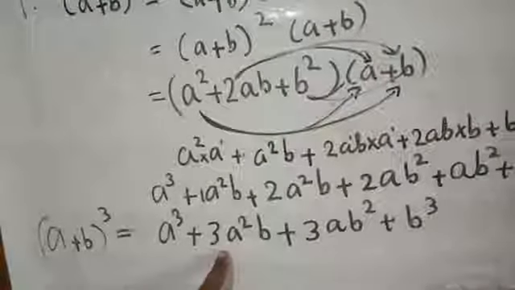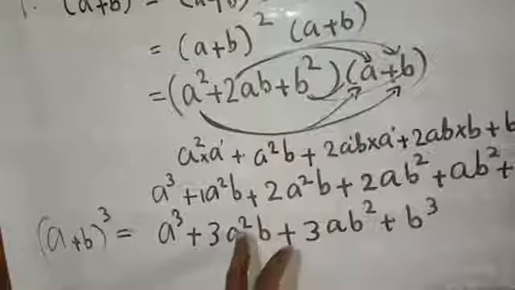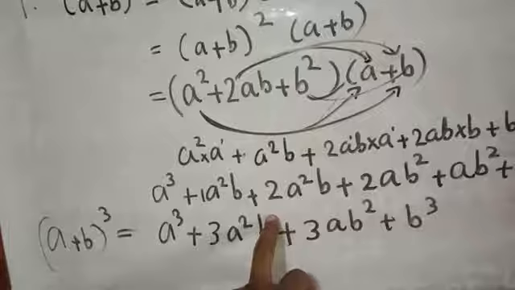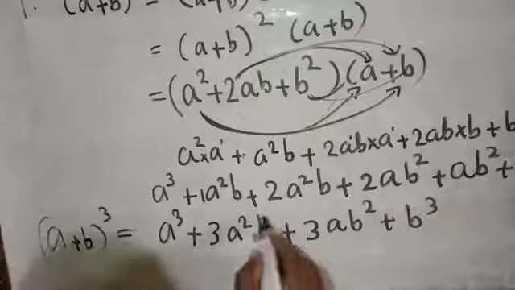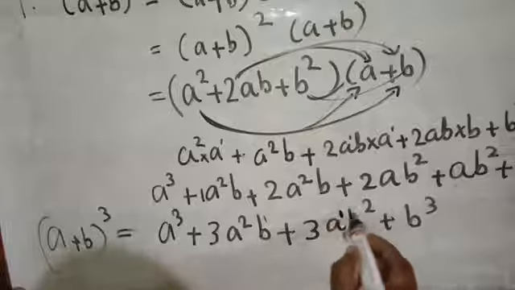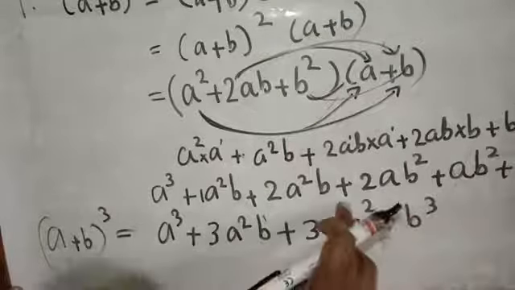Here cube, so 3a square b. Anyway, always you will get 3 as the power. What is the degree here? 2. Here b means 1. So 2 plus 1, 3. Degree 3. Here a means a raised to 1, b is power 2. So 2 plus 1, 3. B cube also has power 3.